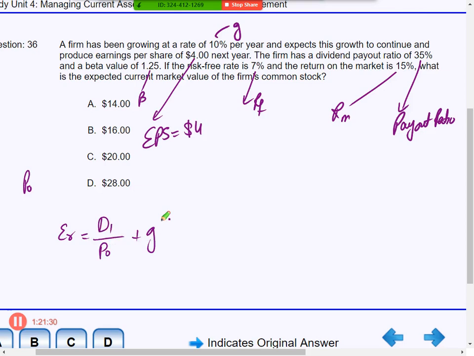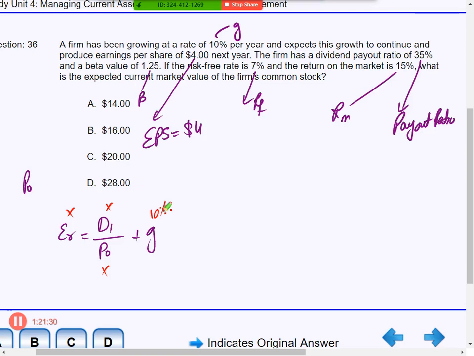That's the Gordon growth model. So we do not have ER, we do not have D1, we do not have P0. P0 represents the current price. And the only thing we have is the growth rate. It means we cannot directly employ this formula. We have to find D1, we have to find ER, only then.